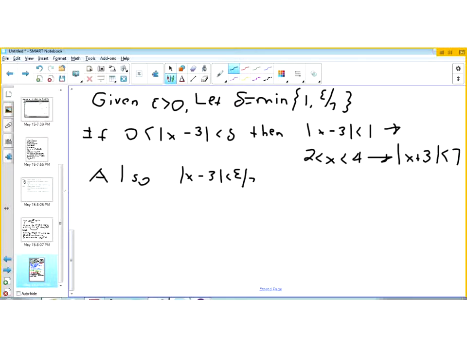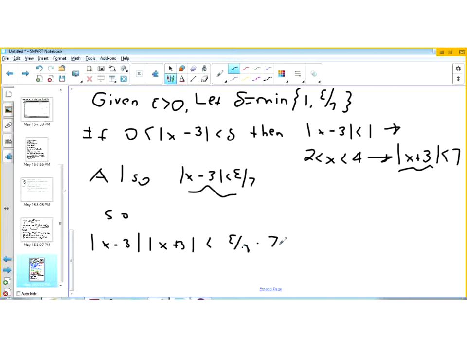Also, now plug in your second choice for delta. And what does this mean? We take this expression right here, and we take this expression right here, and we multiply them together.